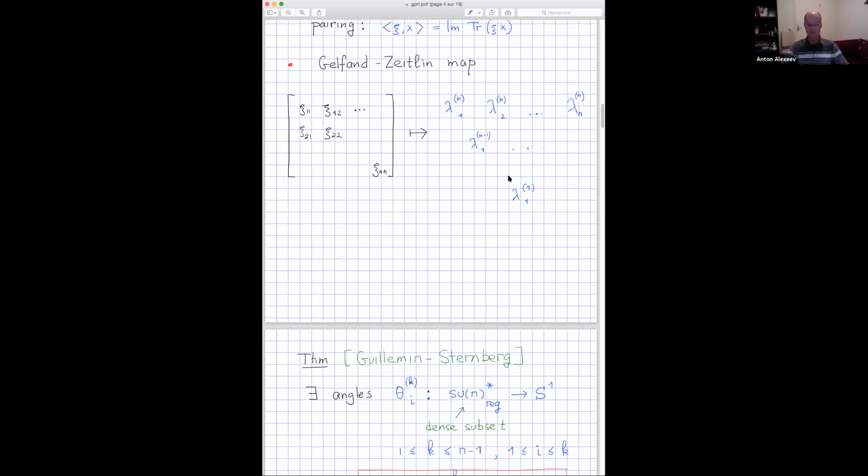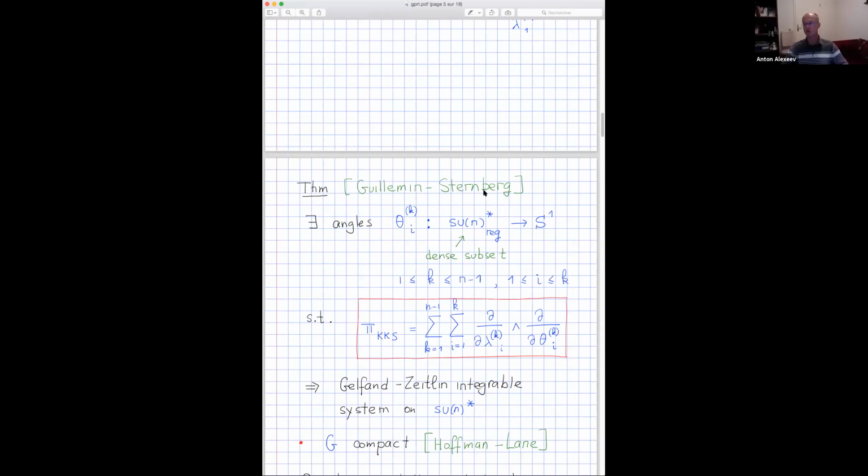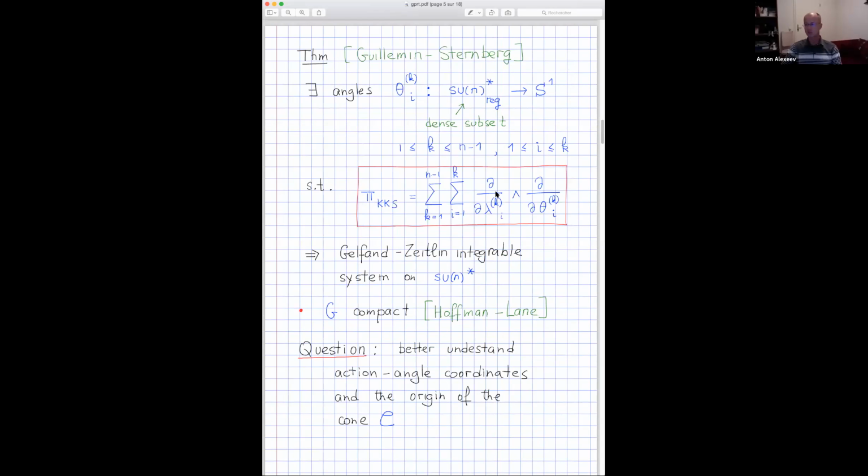So in fact, people were trying to do the same for other types of compact groups. And there were many partial results, which I don't want to mention, but it's a great recent result by Hoffman and Lane, who were able to do exactly the same thing for all compact groups independently of the type.